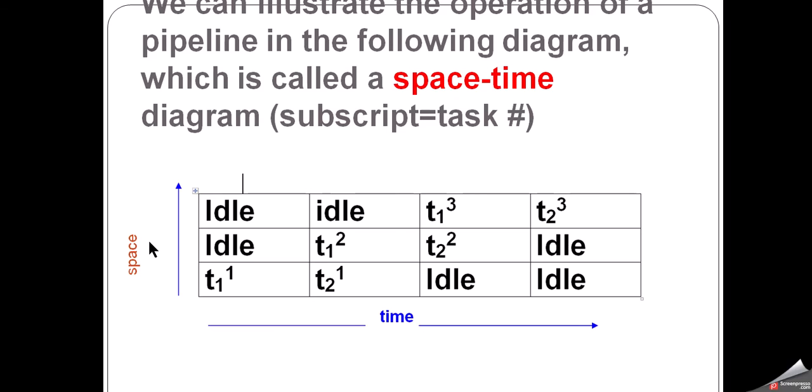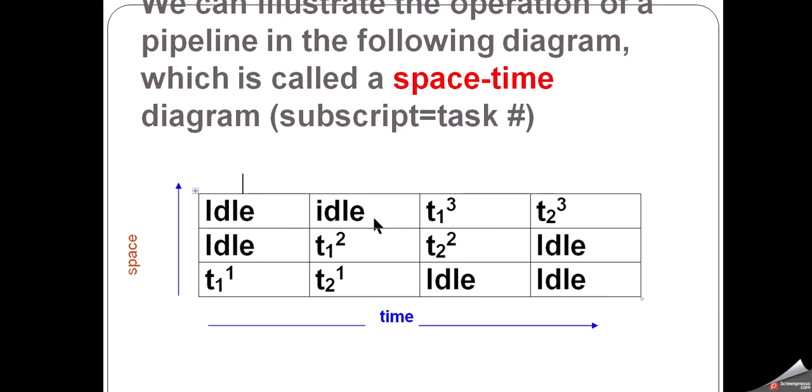our space-time diagram. The efficiency of this pipeline is going to be measured by the ratio of busy time-space spans. Remember, this is a time-space span. It's busy. This is busy. That's busy. That's busy. That's busy. And I've got 1, 2, 3, 4, 5, 6 busy time-space spans. And I want to divide that by the total of all idle and all busy time-space spans.